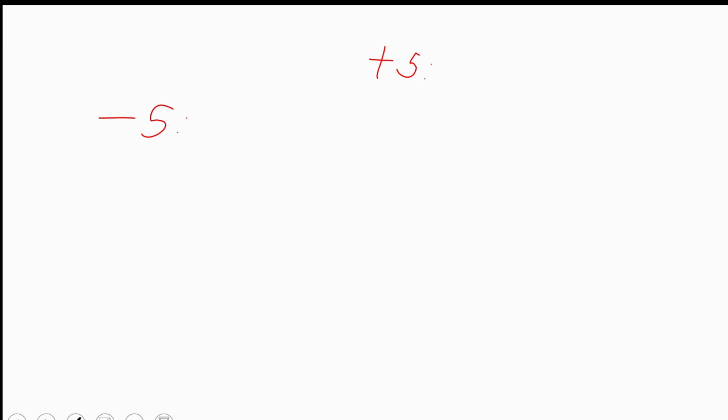First for plus 5, again you will convert the 5 into binary number. You will get 101, and then the sign bit, as it is a positive number, will be 0. So for plus 5 you got 0101. Now if you want to represent minus 5 in ones complement representation, you need to find the ones complement of plus 5, which is 0, 1, 0, 1.